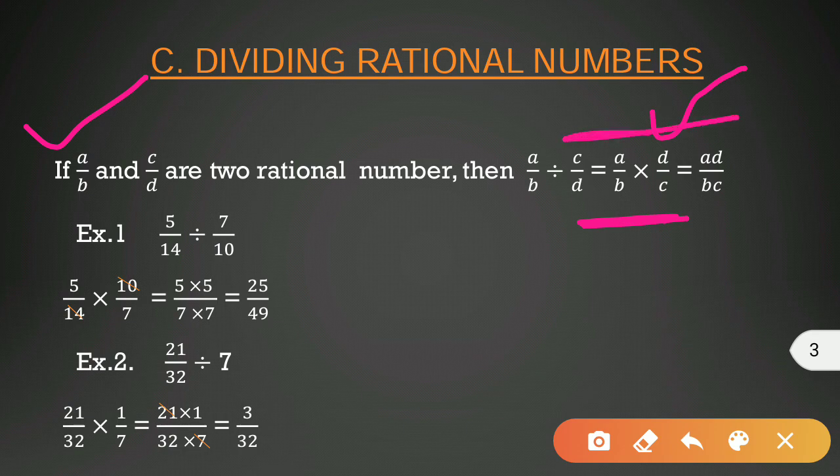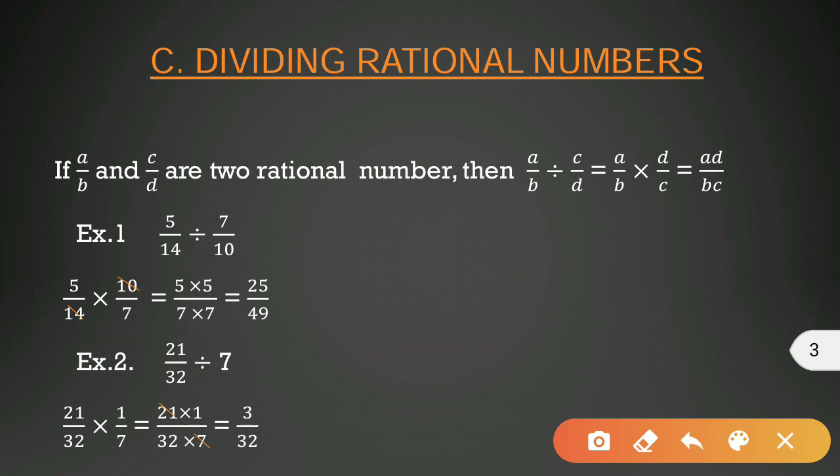Multiply the numerators, which gives you a into d, and then multiply the denominators, which gives you b into c. That means if rational numbers are given for dividing, first you convert the division sign into multiplication, then you multiply both the rational numbers. Let's understand it by one example.